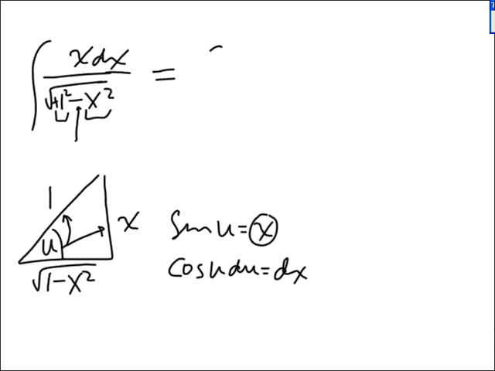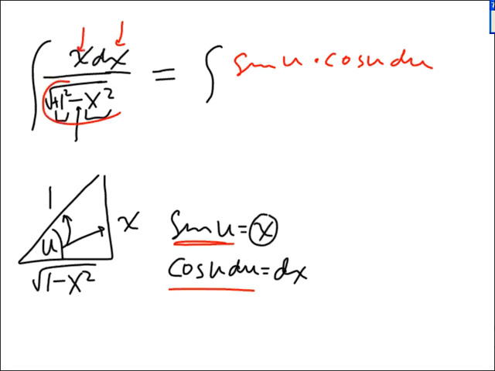So the top. Every piece has to be accounted for. Not some, not most, but every. X, well, that's sine of u. Dx, well, that's cosine u du. And this, well, there's your square root.